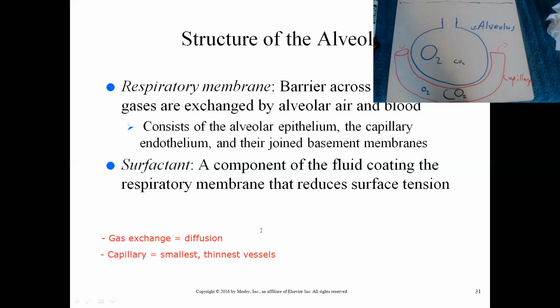In this case, oxygen is high in the alveolus, low in the incoming blood in the capillary. So oxygen goes from alveolus into blood. CO2 is the opposite. CO2 in the incoming blood has a higher concentration than the CO2 in the alveolus. So CO2 goes from blood into the alveolus.